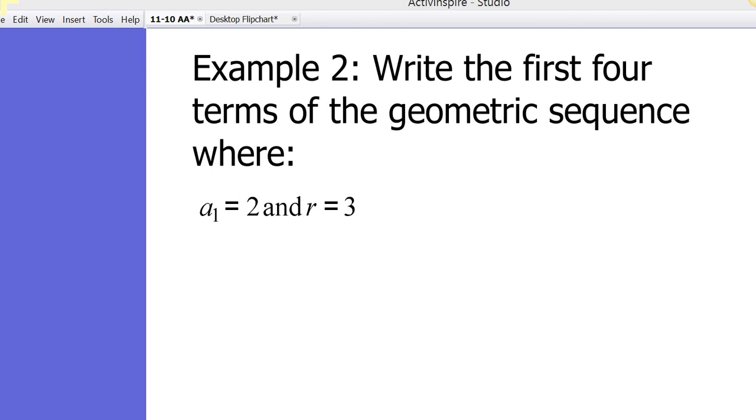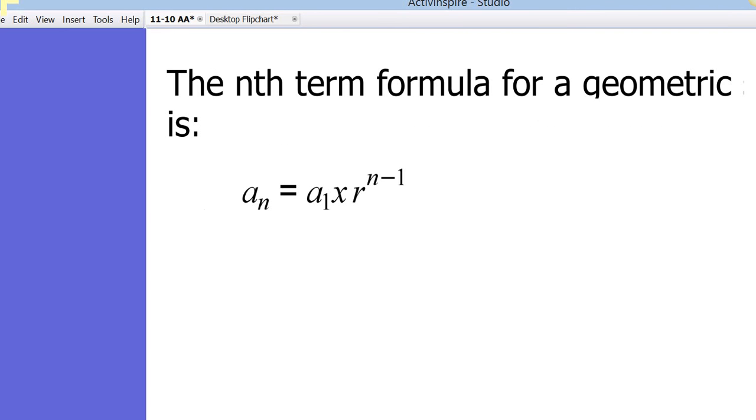Now, the nth term, meaning any term you want. So this is for any term you want. Any term you want, you use a formula. A sub n is equal to a sub 1 times r to the n minus 1. My notes are wrong, but I fixed them. It's okay. What does a sub 1 stand for?